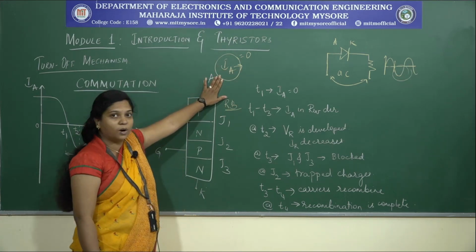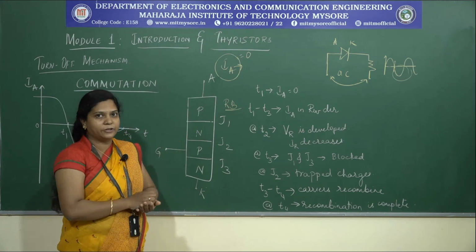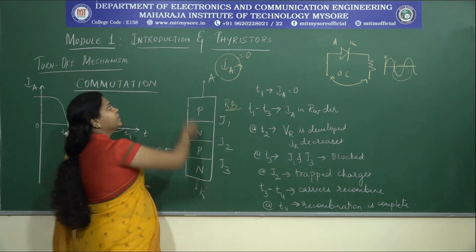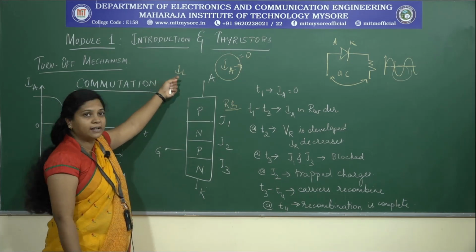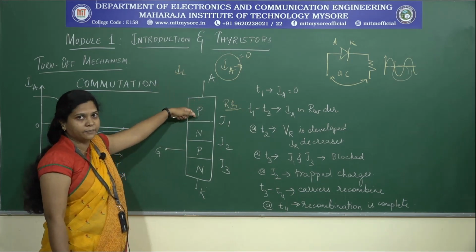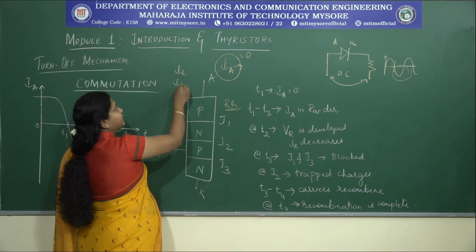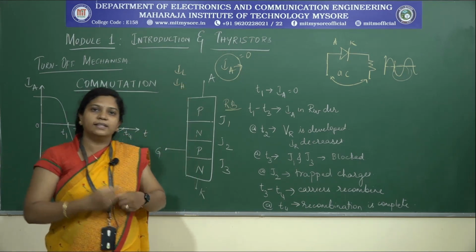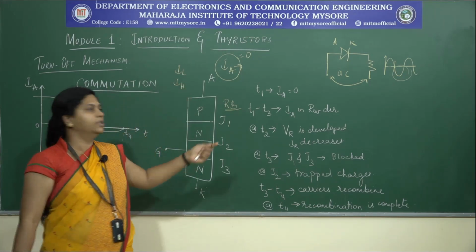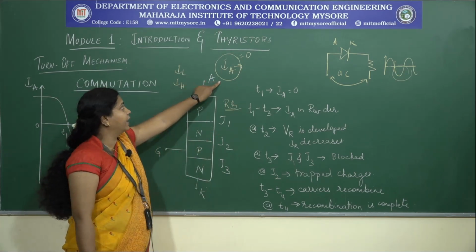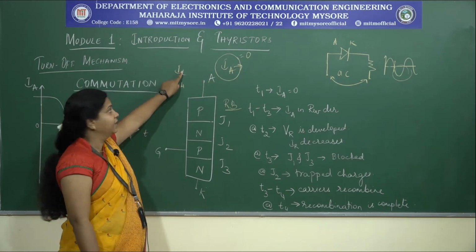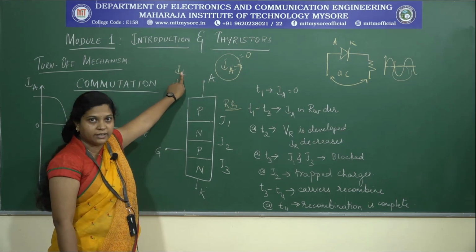We already studied the latching and the holding current. The latching current is the current flowing in its on state. The holding current is discussed when we go to its off state. Now, the anode current must be made less than this latching current.